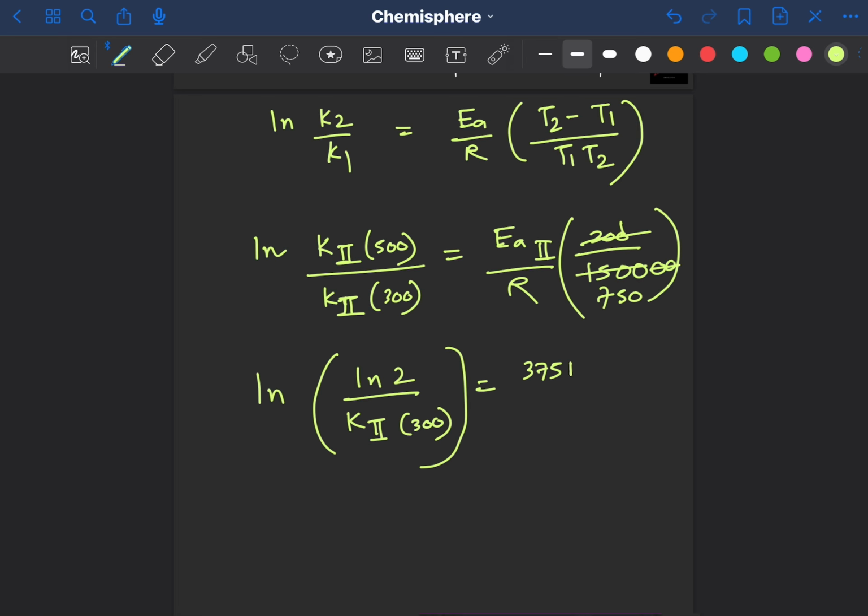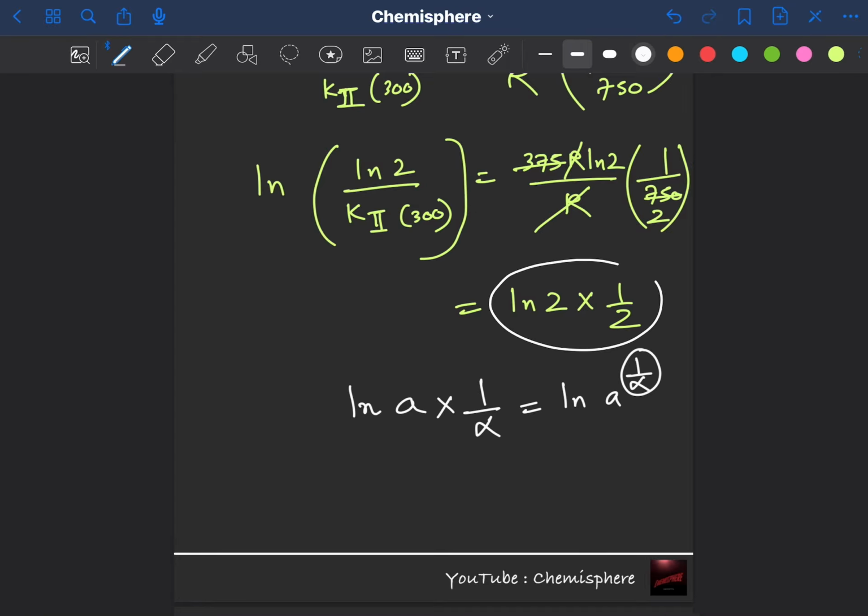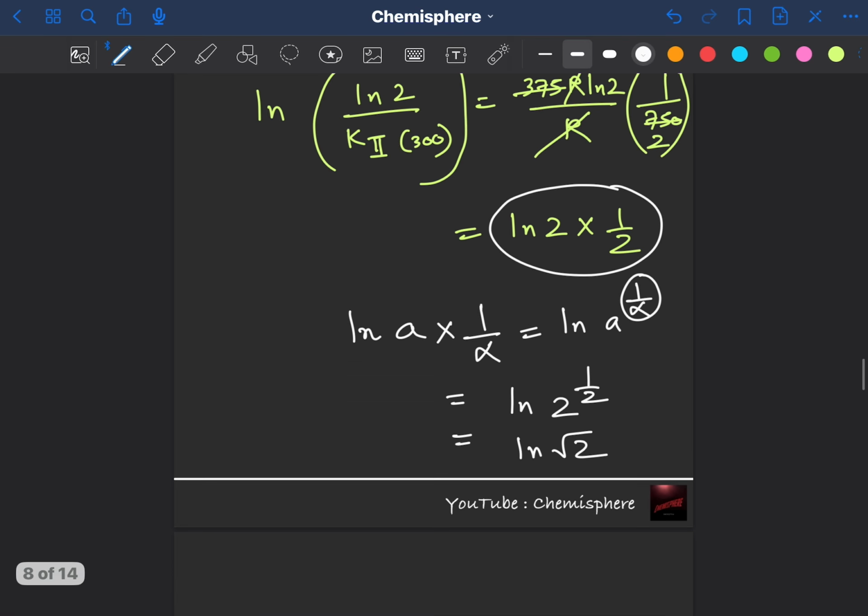So this R gets cancelled and this is twice of that, so we are left with ln2 into 1 by 2. Now, one important property of log is that ln of a into 1 by, let's say, a constant alpha is actually ln of a to the power 1 by alpha. The power comes down. So we can write ln of 2 into 1 by 2 as ln of 2 to the power 1 by 2, which is ln of root 2, right? So you can see that ln of something in the LHS is equal to ln of something in the RHS.